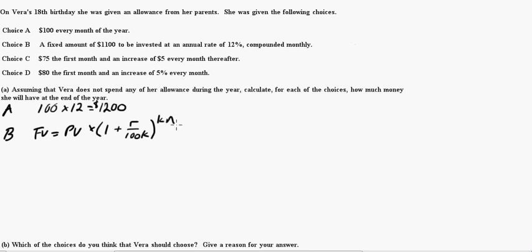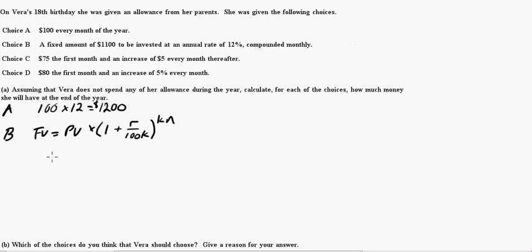Now this looks kind of complicated, but it's actually not that bad. FV is future value, present value, r is the interest rate, and k is the number of compounding periods. If it's yearly, you just leave it as 1, but if it was quarterly you would put 4. In this case it says monthly, so we're going to put a 12.